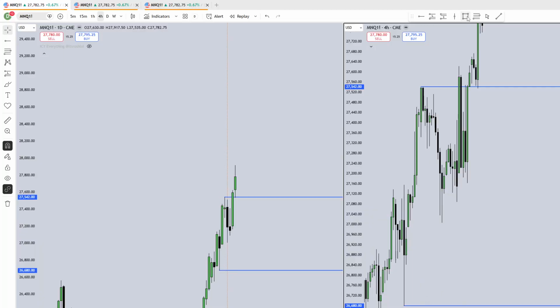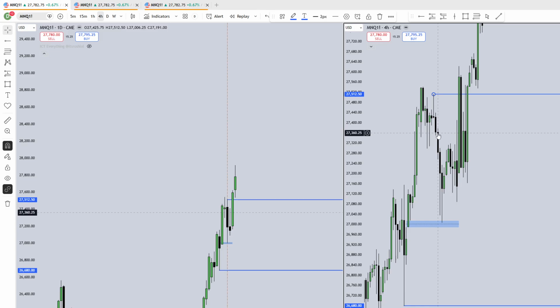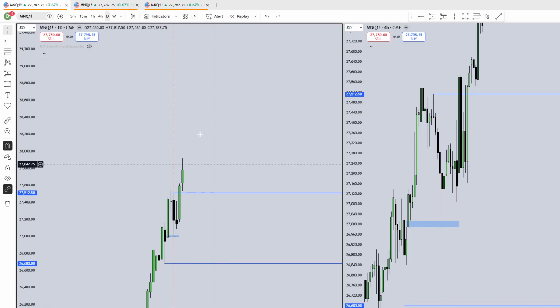I can add this internal range right there, and I'm fine with that high. I'll lower that because I'm interested in Tuesday 6 and 10 o'clock candles. So this was our higher time frame POIs that day.